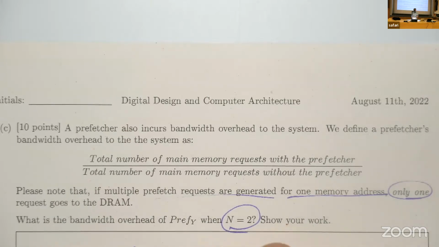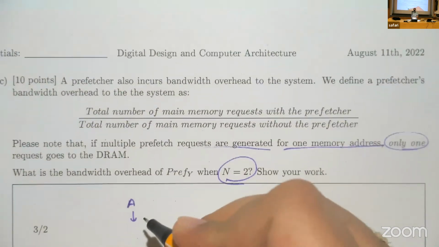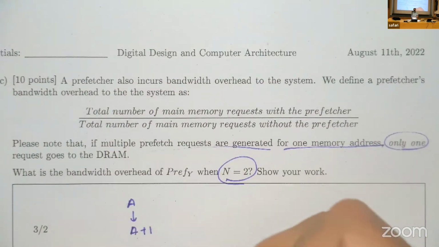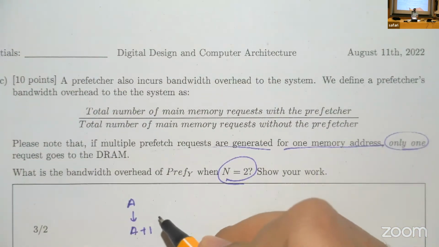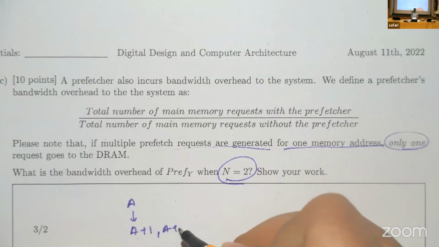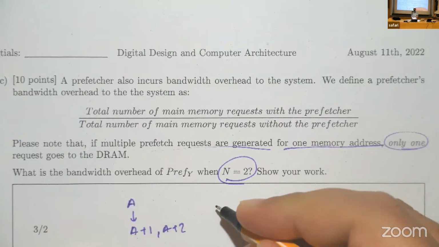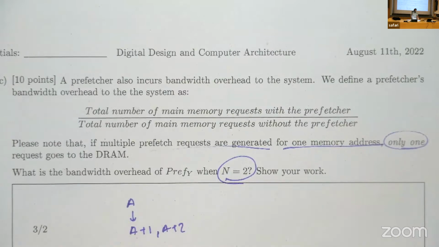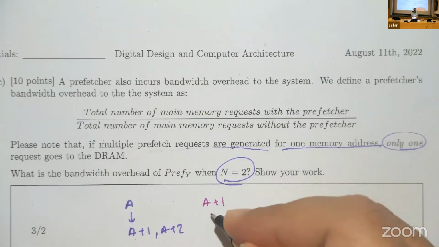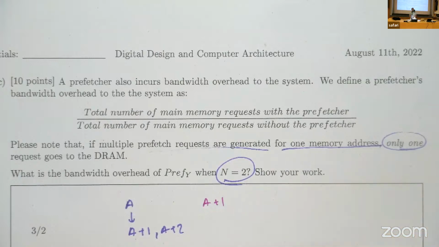And then this creates a prefetch request of A plus 1, and then an A plus 2. So later in time, you need to access A plus 1, but you don't create this memory request because you already prefetched A plus 1. So you don't have to do this access.